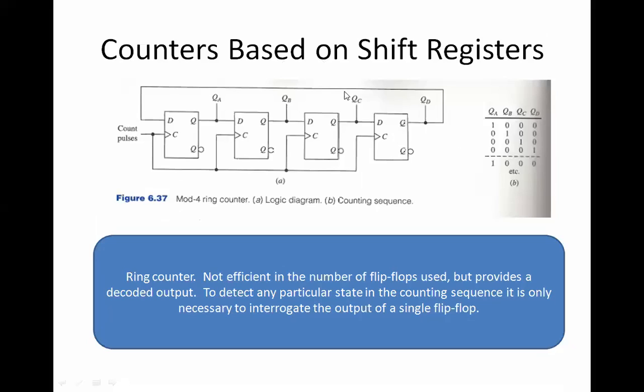Mod 4 means 4-bit, so I need 4 flip-flops, 1 bit for each flip-flop, because each flip-flop is capable of holding 1 bit alone. If I connect them in series, the data just passes from the first stage to second, second to third, third to fourth, and then finally the output is fed back inside.